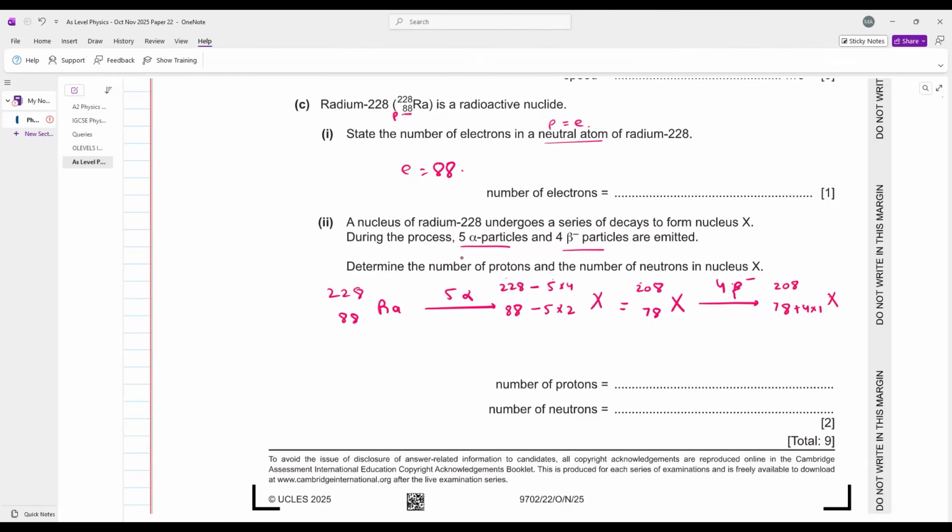What is your final composition of X? 208 and 82 X. Simple. What is the number of protons? 82. What is the number of neutrons? 208 minus 82. This comes out to be 126.